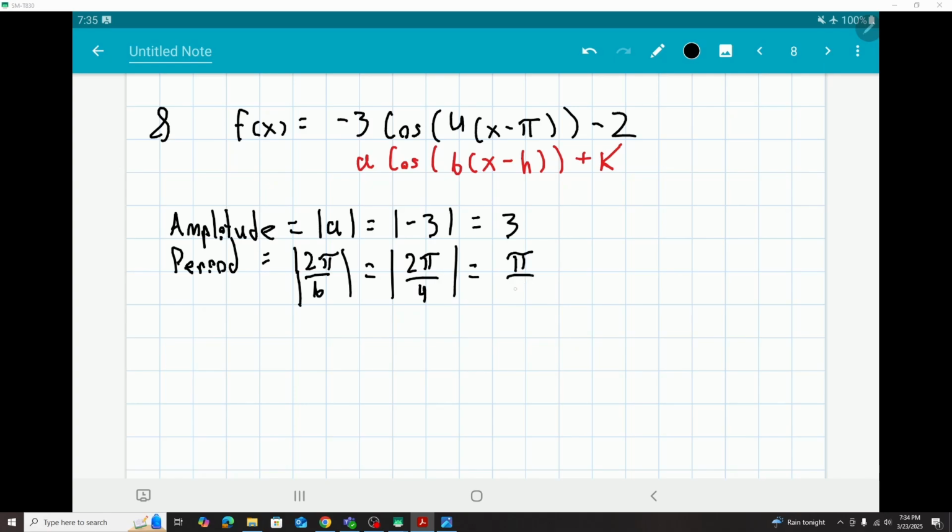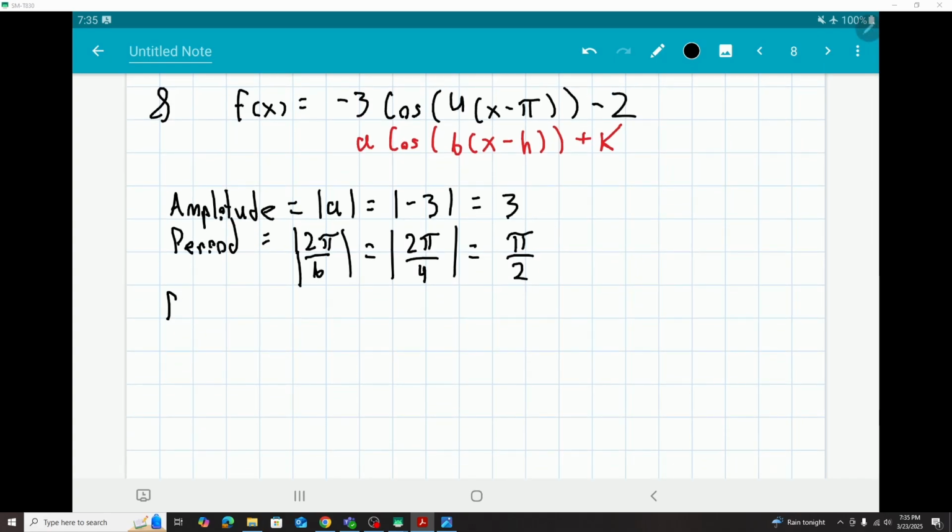So we have pi divided by 2. This is our period. And now find the phase shift. When the function is factored like this, where you have the 4 on the outside, then you can just take the number right there, that minus pi, so h is pi.